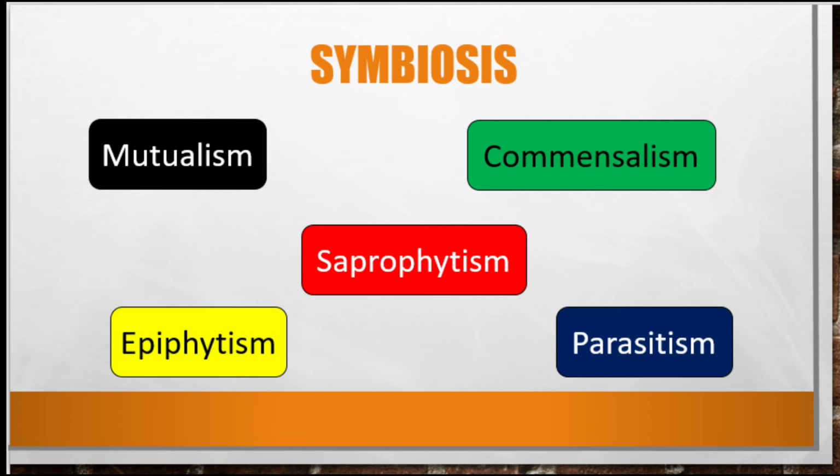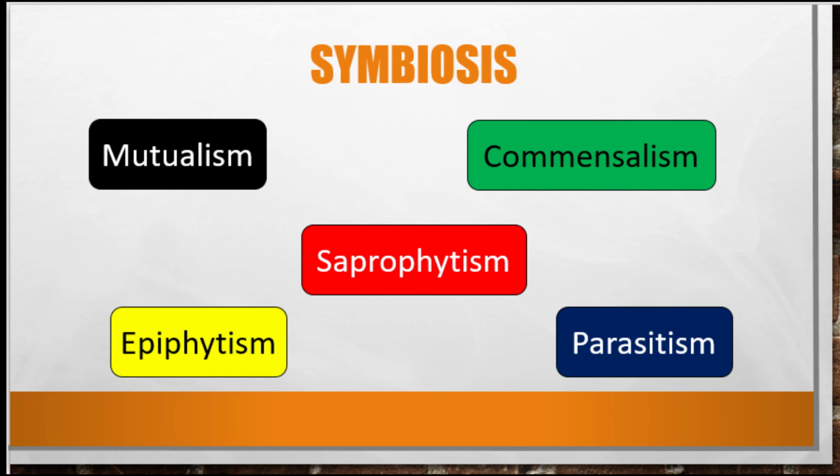An example is a small fish called the remora, which lives on a shark attached by its sucker. When the shark feeds, the remora detaches itself and feeds on the scraps of food discarded by the shark. But the shark doesn't harm the small fish.